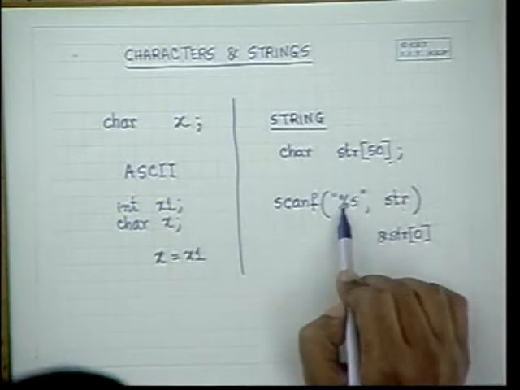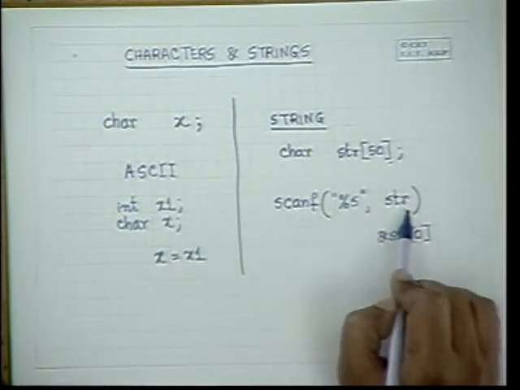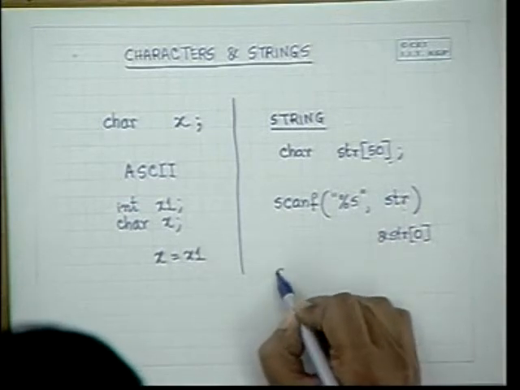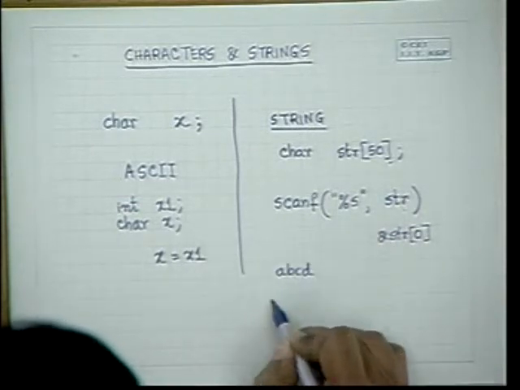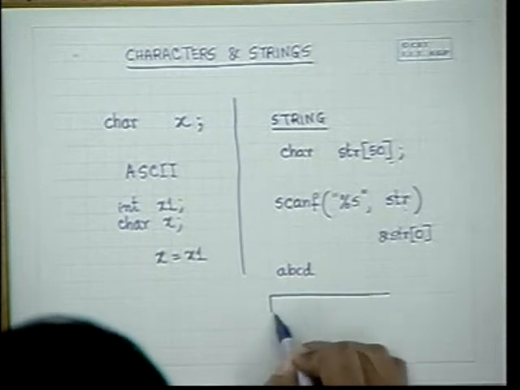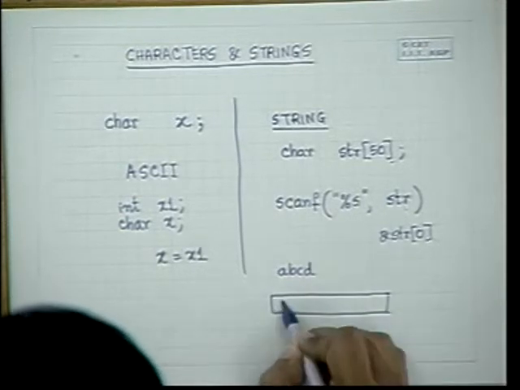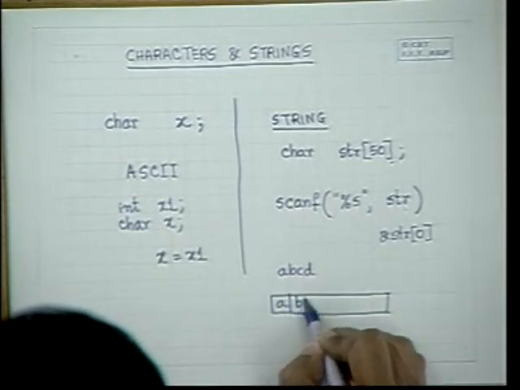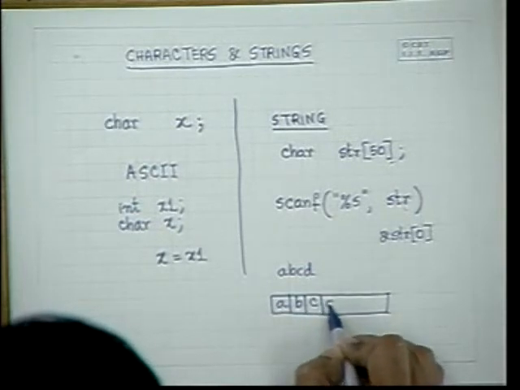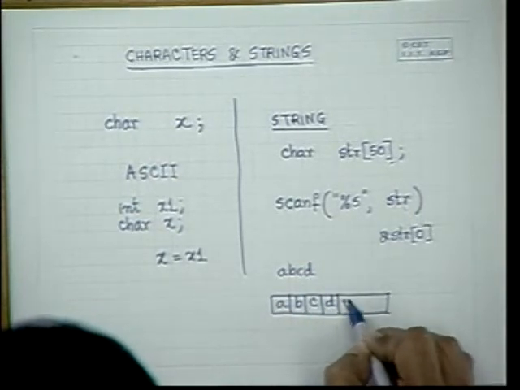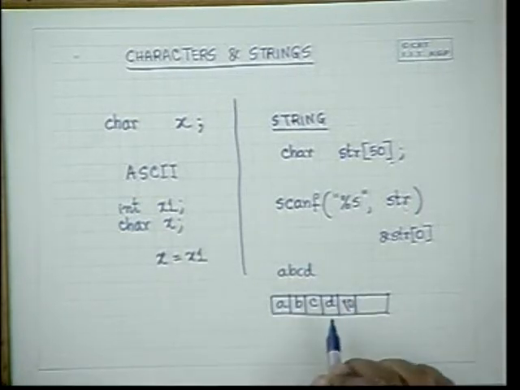And once you give the name of the string, automatically the string will be read. And if you write down A, B, C, D, then it will store it in the array like this: A, B, C, D, and it will end it with a special symbol which is called \0.